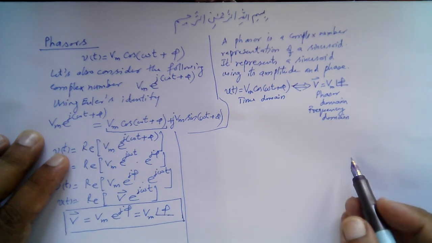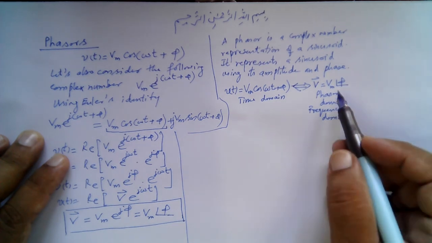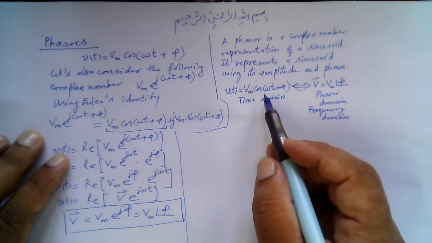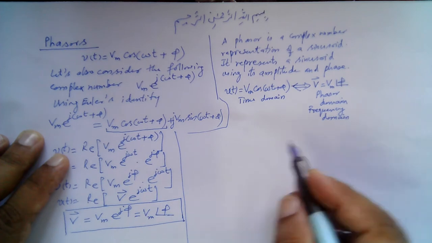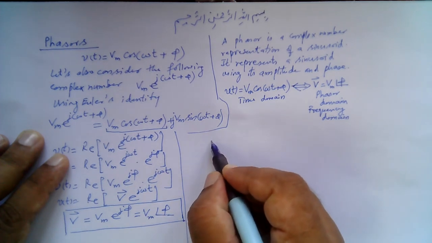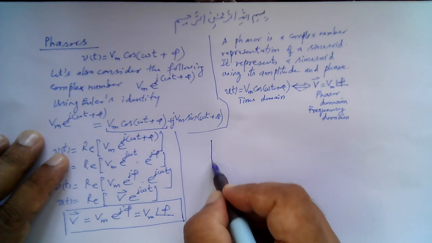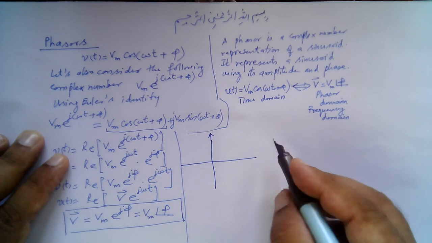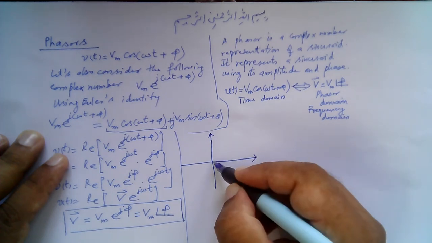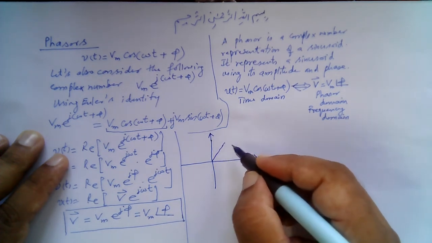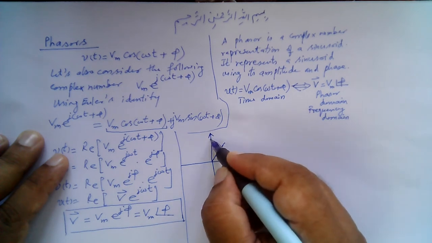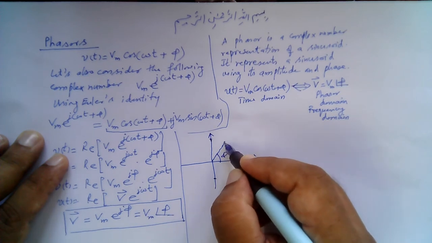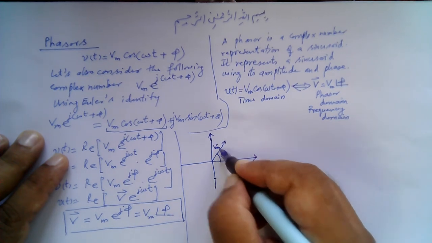So to further understand the relationship of this phasor and this time domain sinusoid, let us see this rotating phasor. Consider this a rotating phasor here, right? See this phasor, for example, and this is angle phi here, and this is Vm here, right?